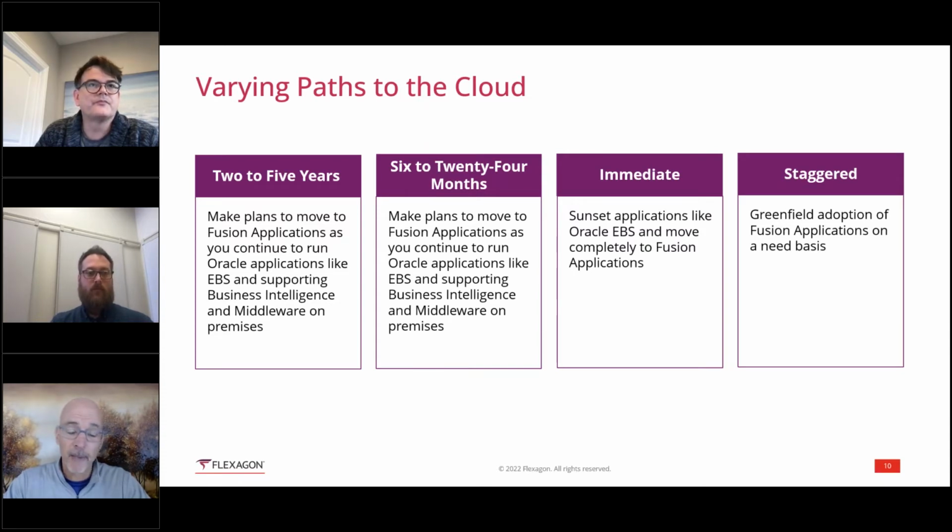Maybe it's running on-prem, maybe it's hosted elsewhere, but let's make plans to move to the cloud in a more methodical, a little longer term time frame. Leverage what we have, adopt cloud over time, and maybe generally speaking, do that over a 2 to 5 year period.